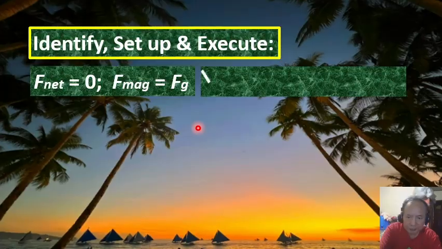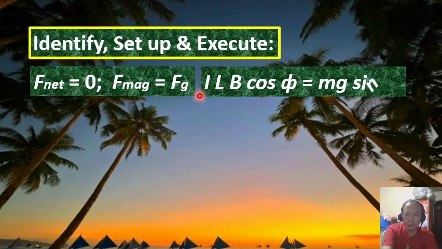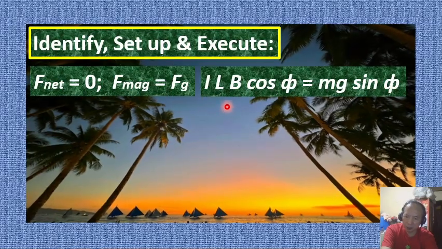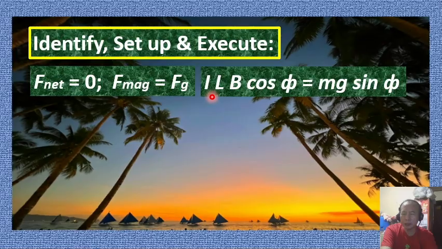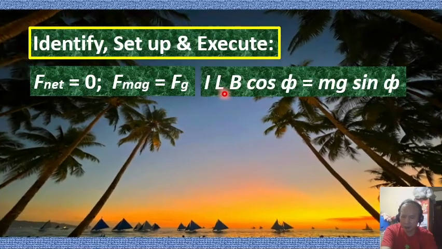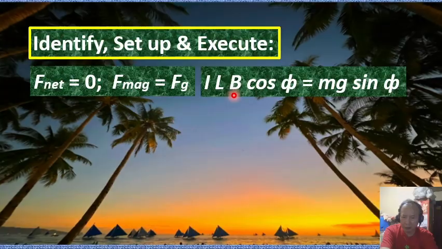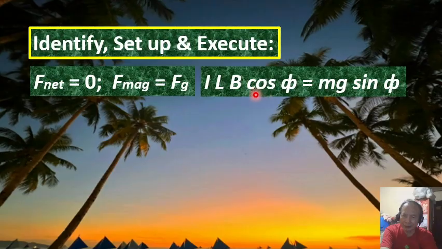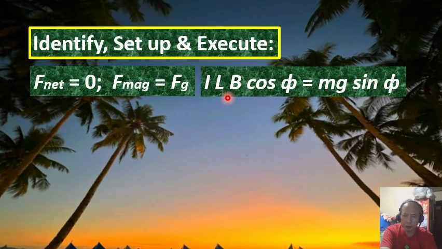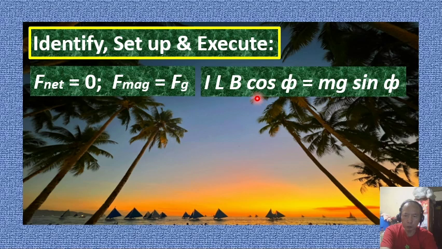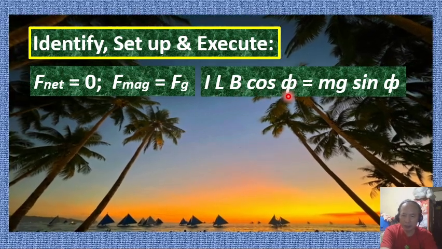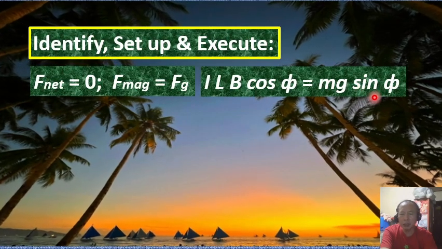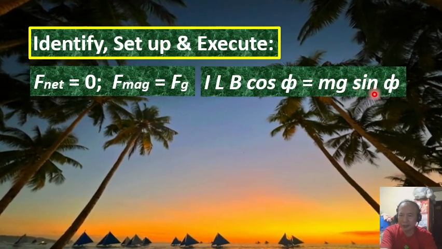That is, the magnetic force, expressed as the product of the induced current capital I times the length of the bar and the component of the magnetic field perfectly perpendicular to the direction of the current, B cosine angle phi, is equated to the expression for the component of the force of gravity directed down the incline.